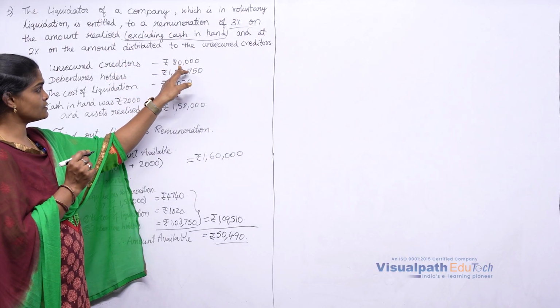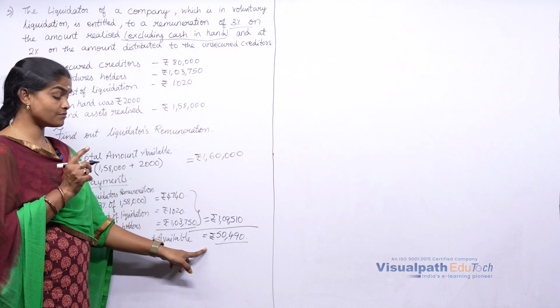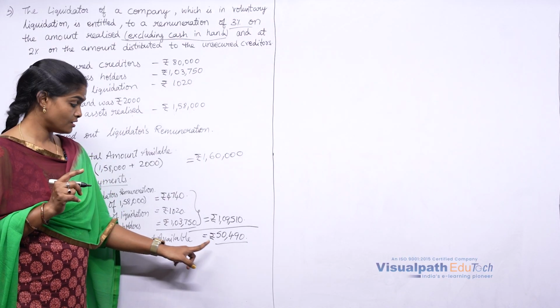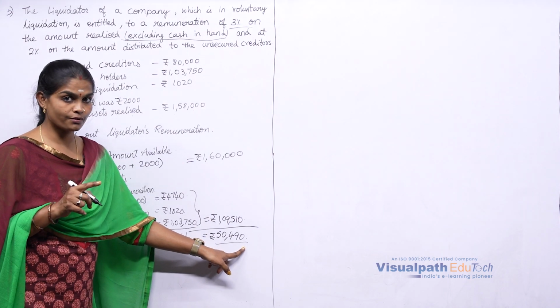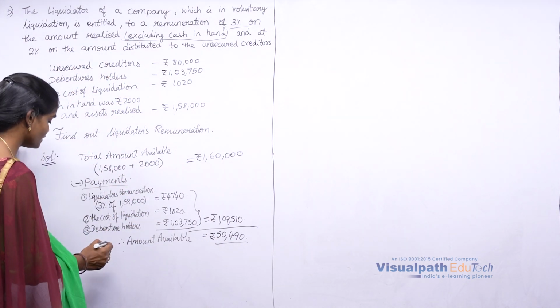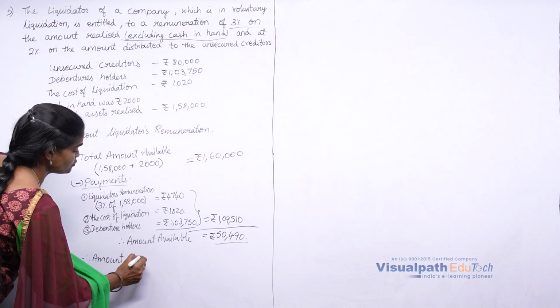Now, how much is the actual amount which we have to pay to unsecured creditors? Unsecured creditors, we have to pay 80,000. How much is the amount available with us after making payment to liquidator, after deducting cost of liquidation and all? We are left with only 50,490, but we have to pay 80,000 to unsecured creditors.